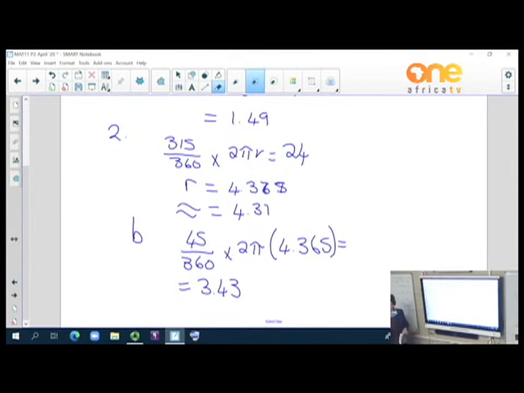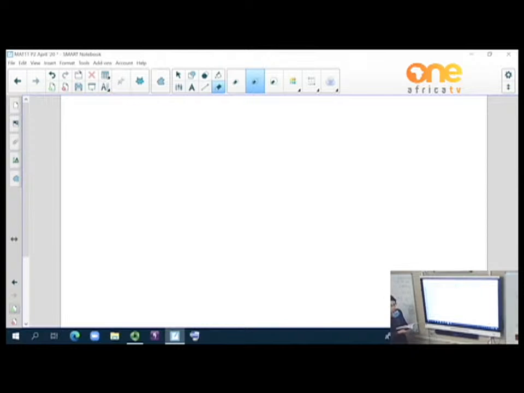So this is a nice way how they can also ask it, and not just straightforward finding the arc length or eventually the sector area. So number 3: a piece of rope is 90 centimeters long. It is formed into a sector of a circle, and the arc subtends an angle of 110. Find the radius. So the same thing here.